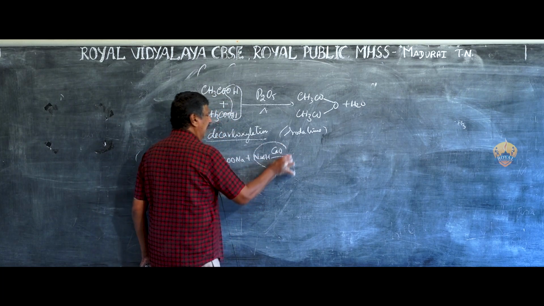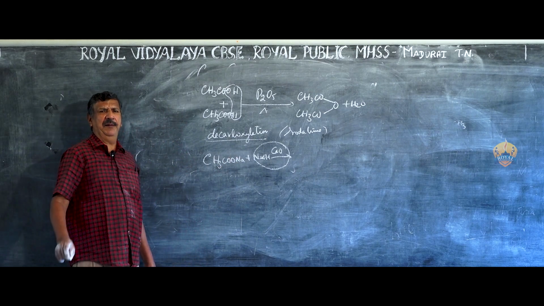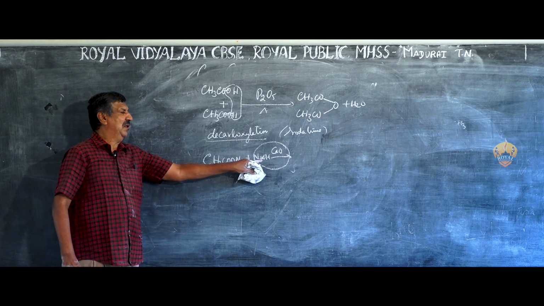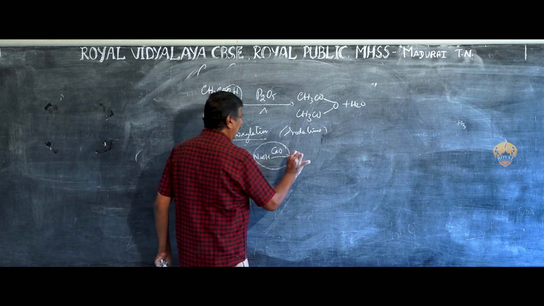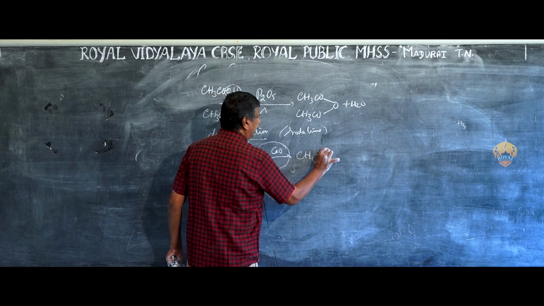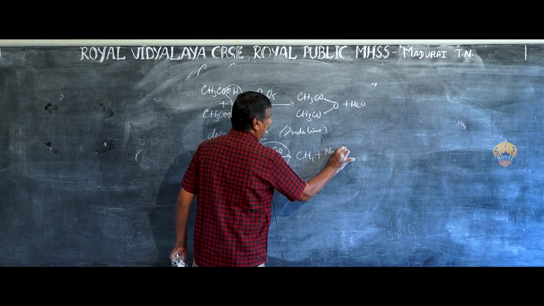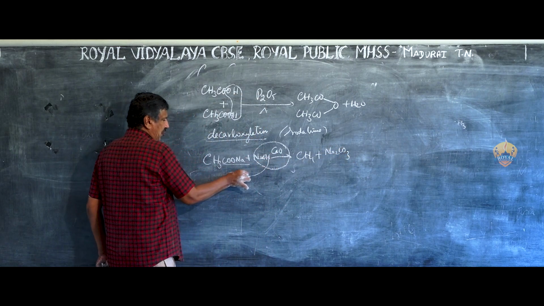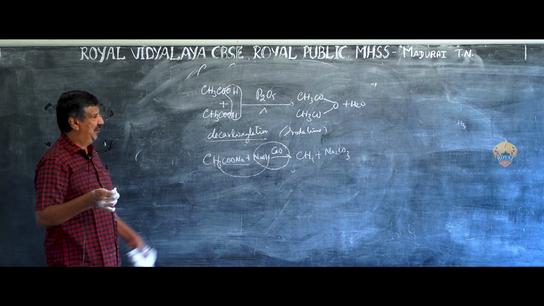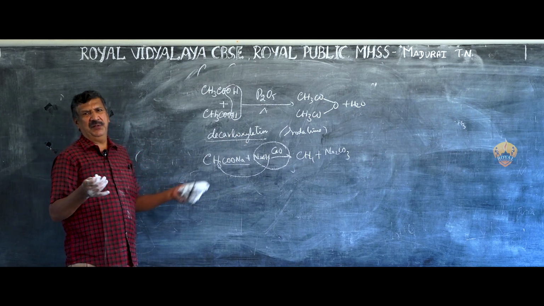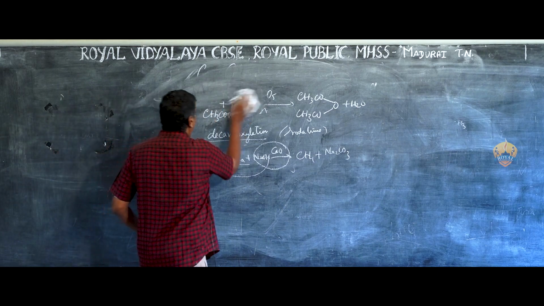This combination is called soda lime. You remove that one. That's all. This H will join with this to form methane. This is called decarboxylation.